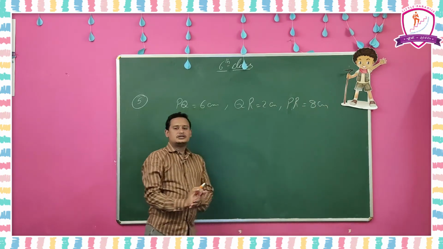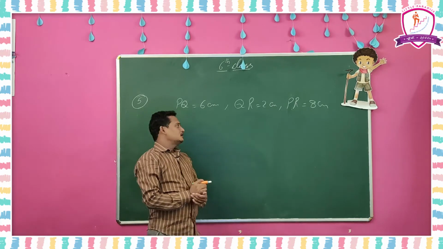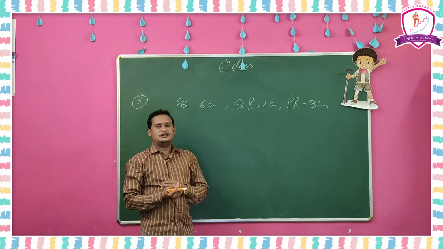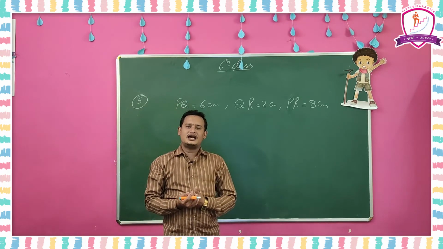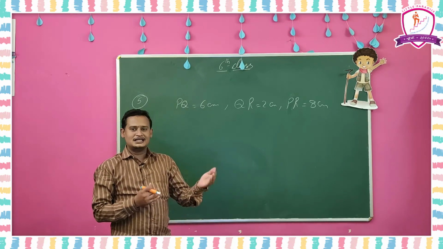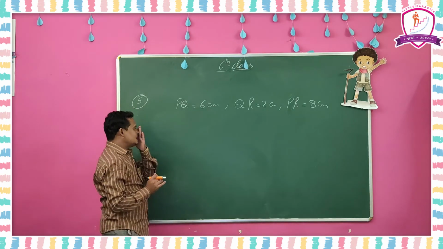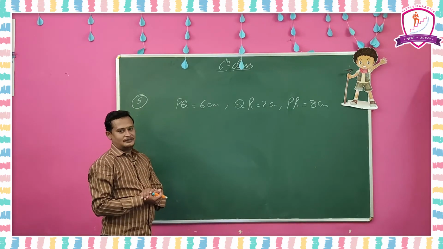So, one condition is already given: these 3 points P, Q, R are collinear. Collinear means if 2 or more points are on the same line, we can call those points collinear points. So, these 3 points must be on the same line.